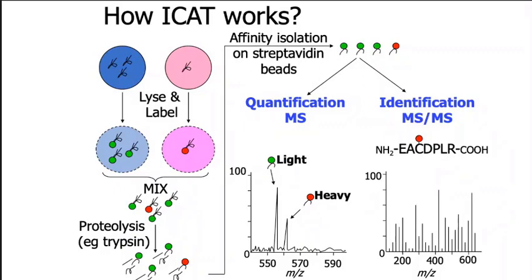Here we mix the isotope-labeling or coded tag with the protein, and then perform proteolysis with trypsin. So we have different proteins or polypeptides.